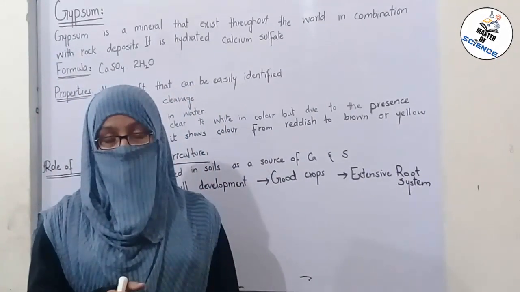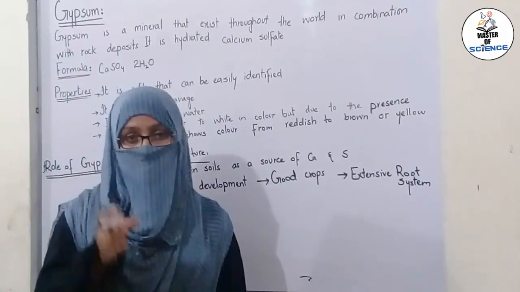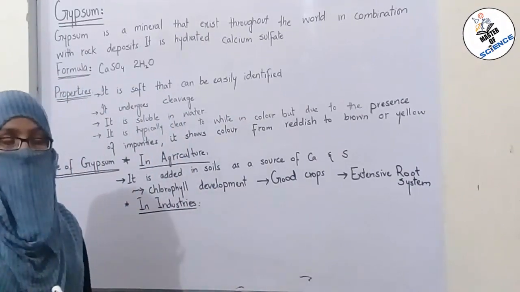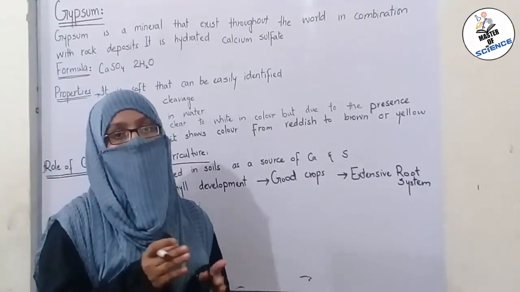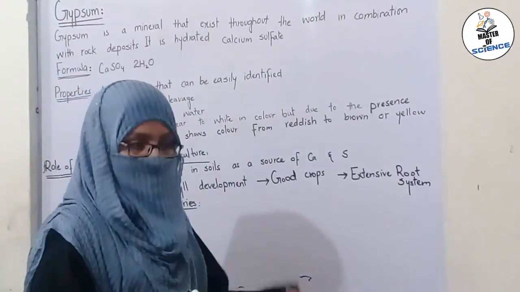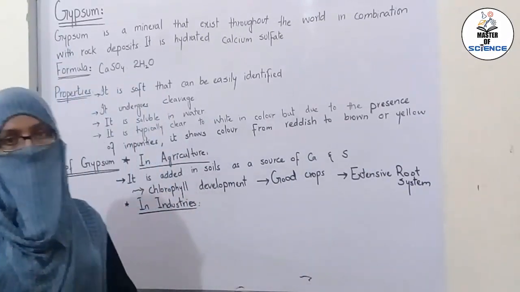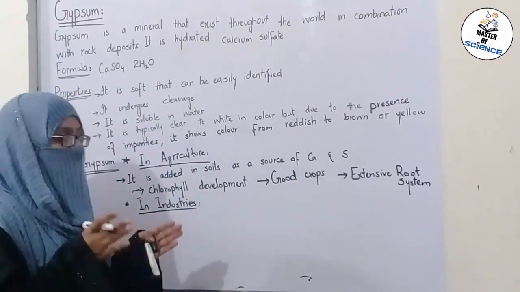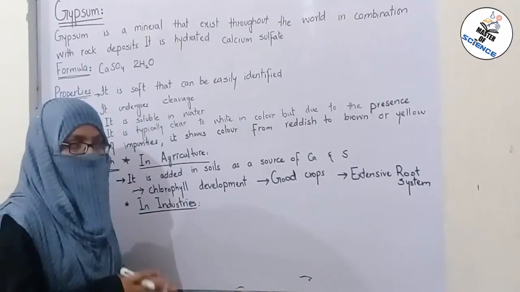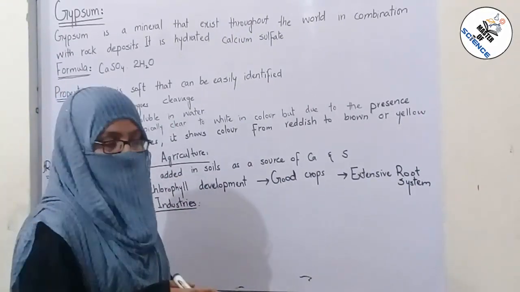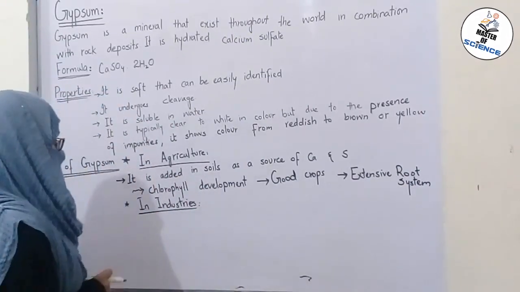Gypsum must not be heated too strongly, as anhydrous salt is formed, which then absorbs water. The resulting gypsum is called dead burnt. So plaster of Paris can be formed, and dead burnt gypsum can also be formed in industries.